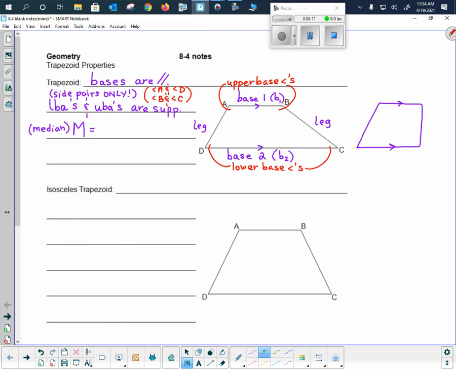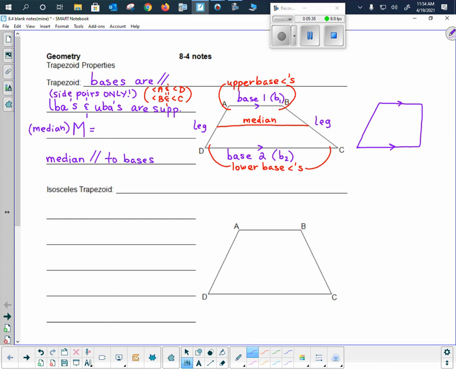Okay, so there's a couple of things for you to realize. So one, we'll put it here. This is a median. And we'll go ahead and tell you one of the things that you need to know about a median. Okay, I'll just go ahead and put it on this line. A median is parallel to the bases.